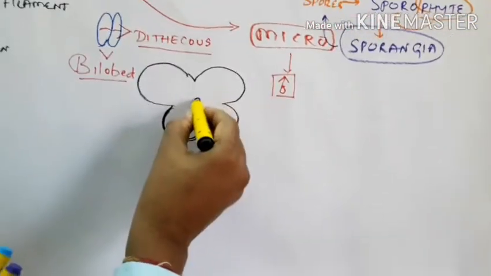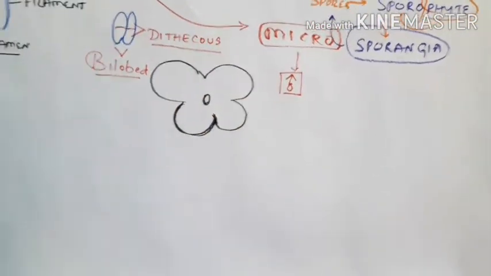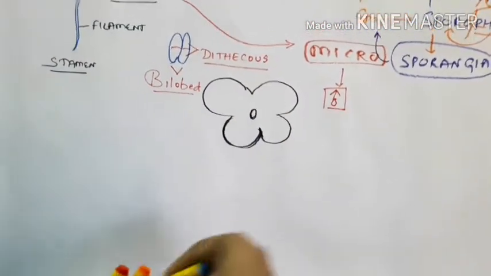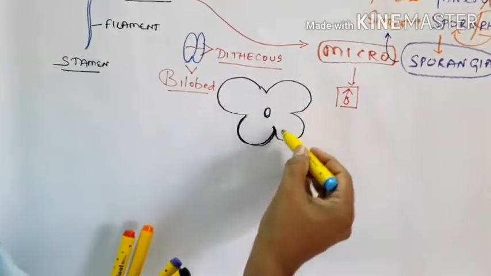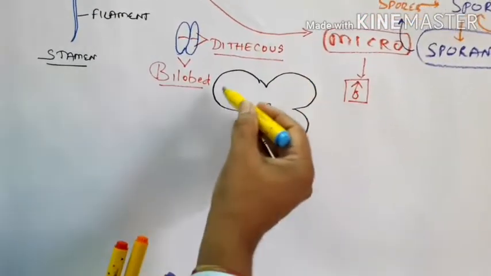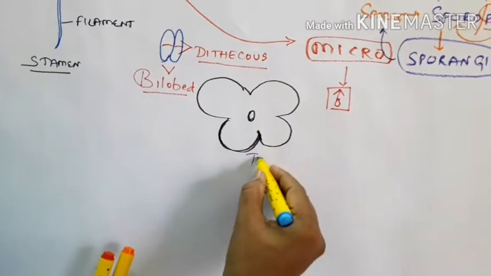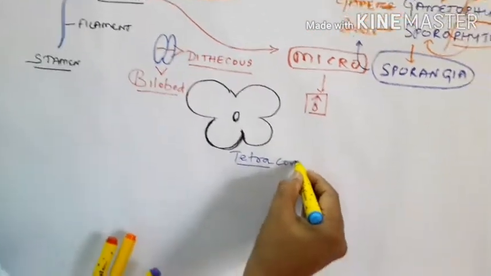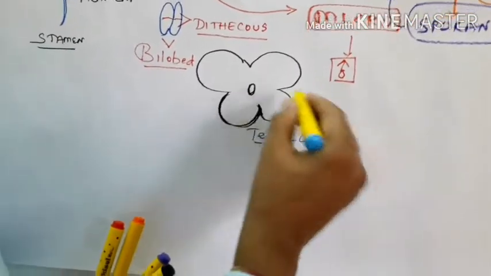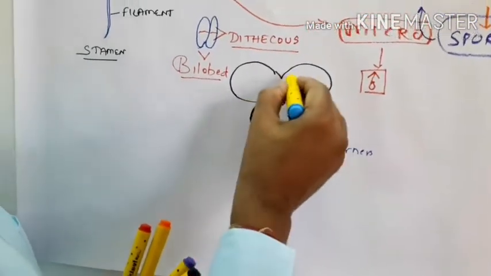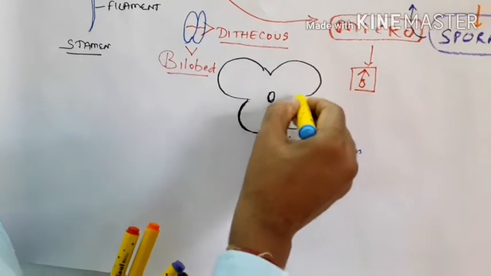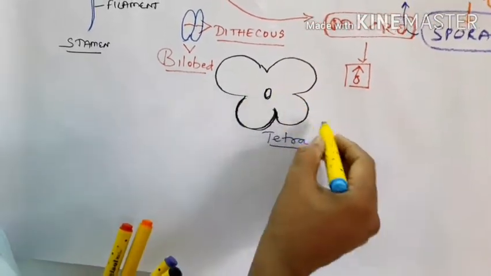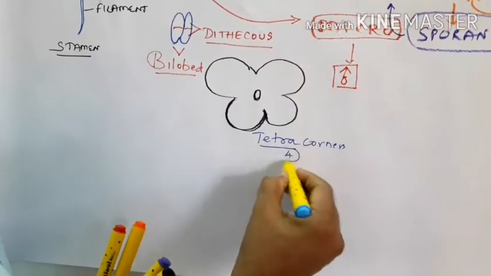You can see there are four corners. It is called tetragonal, having four corners. So how many lobes are there? It has four lobes.